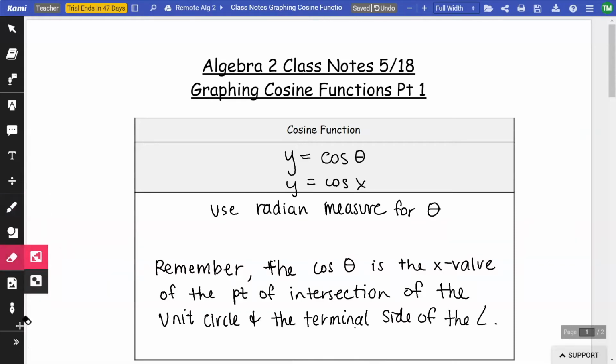So we expanded our definition and understanding of cosine to include that definition. Just like the sine of theta is the y value of that point, the cosine of theta is the x value.